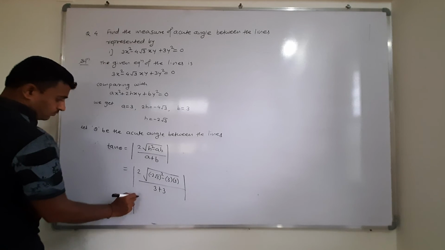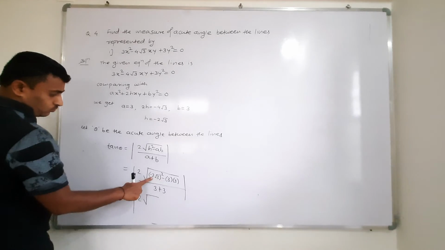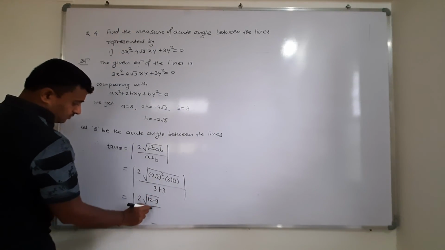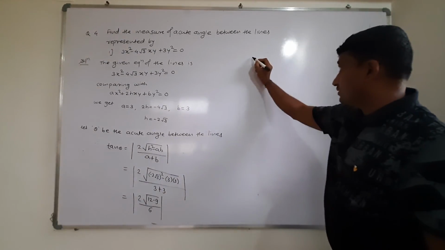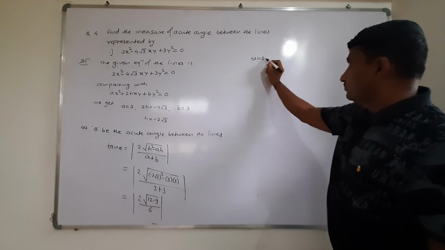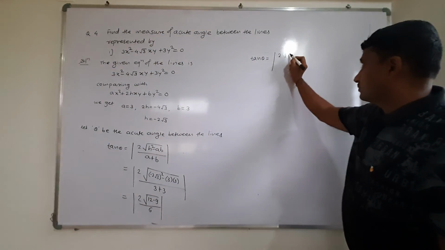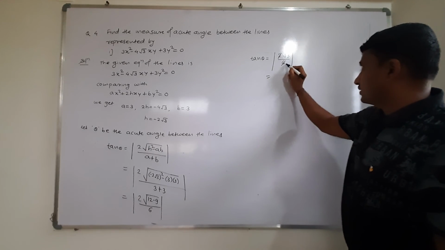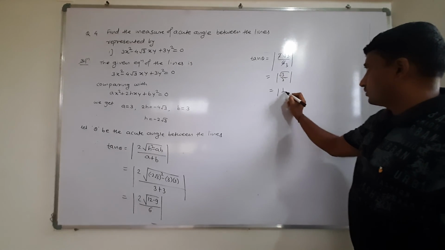That is modulus of 2 times square root of 12 minus 9 upon 6, which is 2 times root 3 upon 6, that is root 3 by 3, that is 1 by root 3.